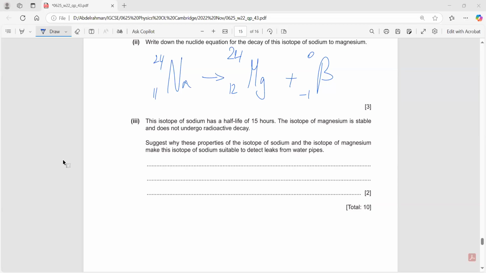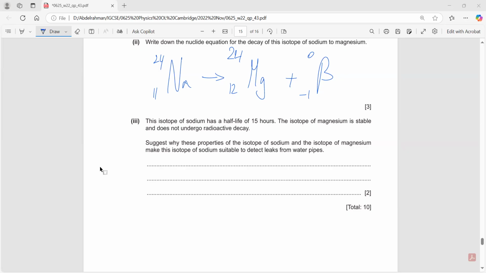Basically, because of the half-life of 15 hours. A half-life of 15 hours isn't that long, but to be honest, it's not that long and it's not that short. We have other elements that can have a half-life of seconds or maybe milliseconds, a very, very short half-life.